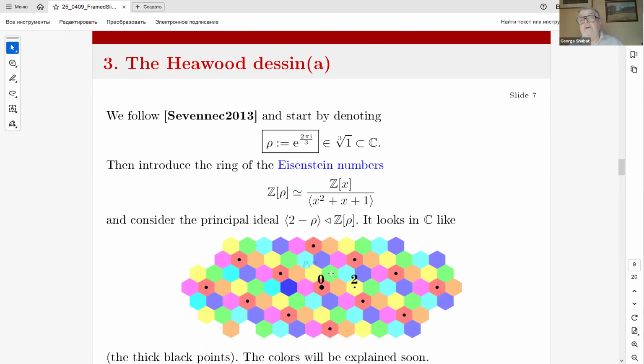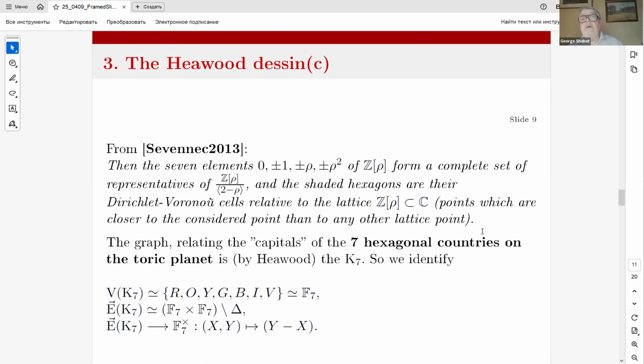So one can check that these 6 elements have a more regular listing like this, the symmetric one with respect to 0. So this is again just about the picture.